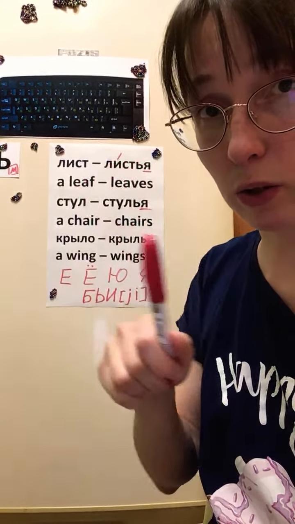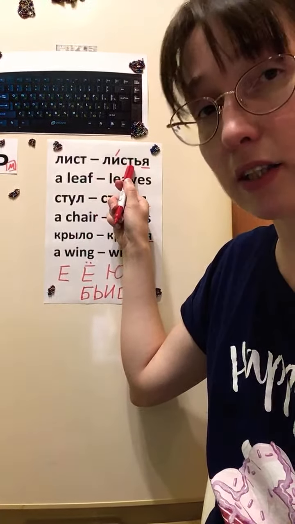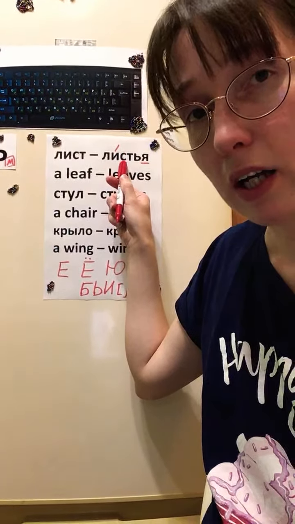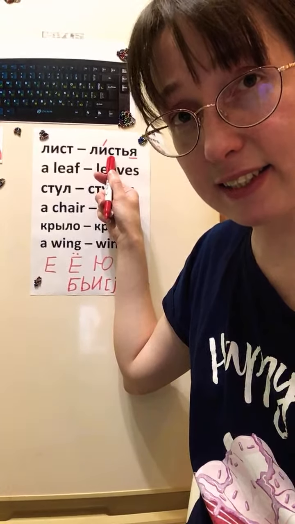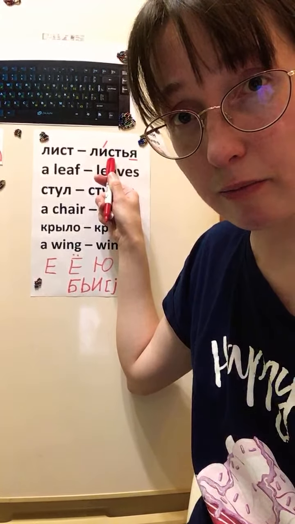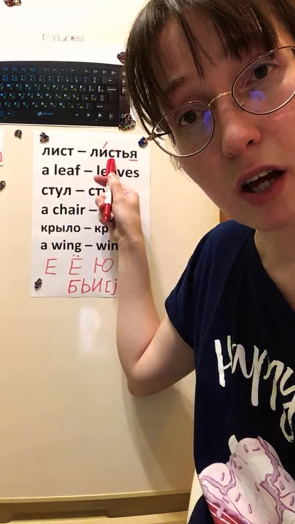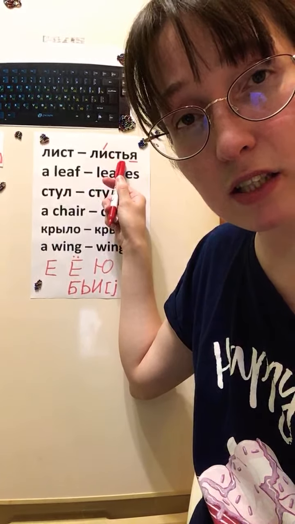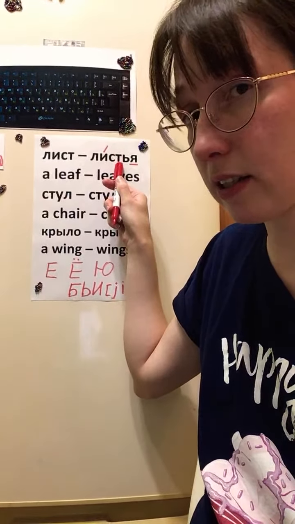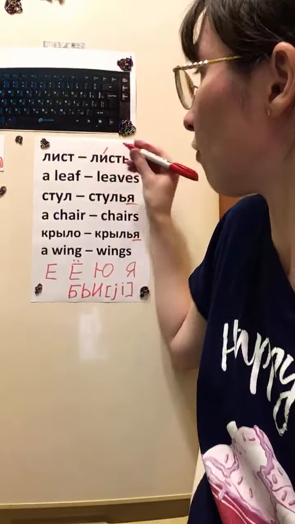Listya. And one more pronunciation rule. Look, this consonant is soft. And letters S and Z with sounds S and Z become soft if the next consonant is soft. So, T is soft and it makes S soft too.